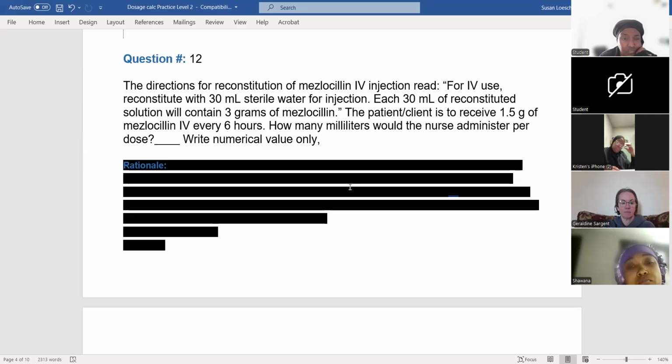And usually there's directions on the side of the packet that tell you exactly what to do and what it will result in. So it'll say if you add 30 mLs of sterile water to this, you're going to end up with 3 grams of medication in every 30 mLs. That's what this is saying to you. So your client is supposed to receive 1.5 grams every 6 hours.